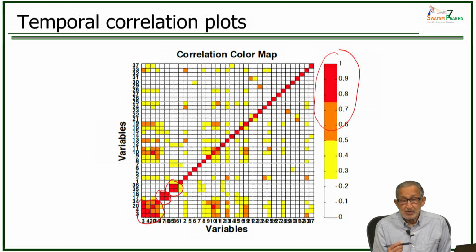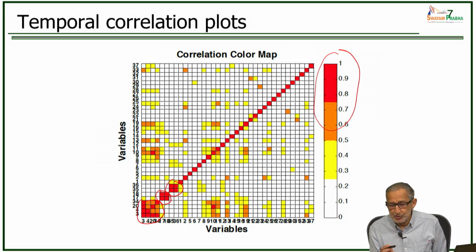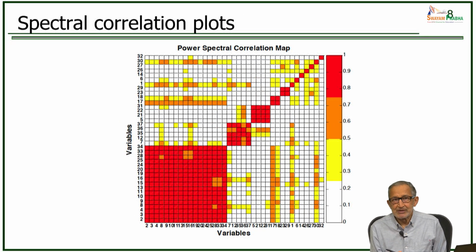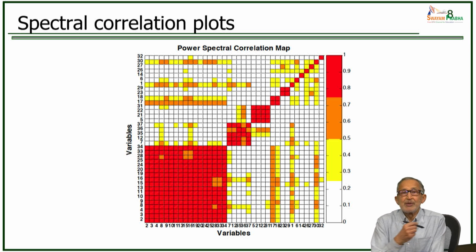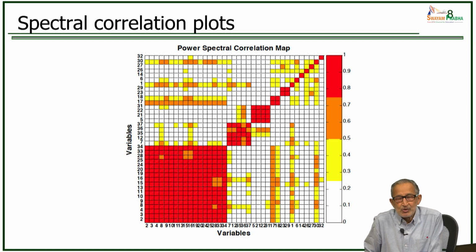If you, however, choose to do the same thing in the spectral domain, if you choose to look at the data in the spectral domain and generate a spectral correlation map, another simple way of looking at this is to ask the question, which spectral shapes are shaped similarly?